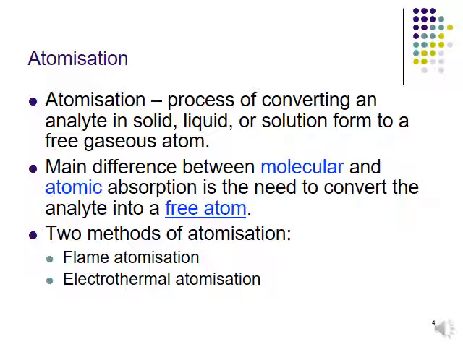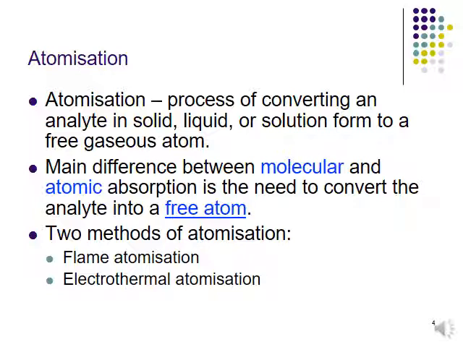And there is a difference between molecular and atomic absorption, so that's why it needs to be converted to a free atom. In this kind of instrument, there are two methods of atomization. The first one is flame atomization, and the second one is electrothermal atomization. The difference between them is the source of the energy.